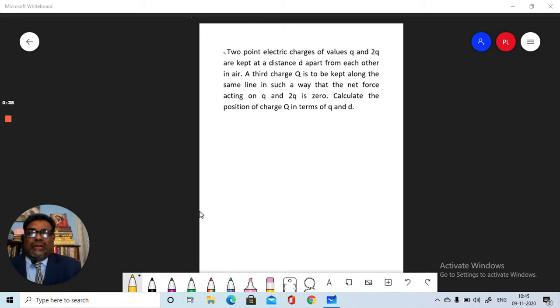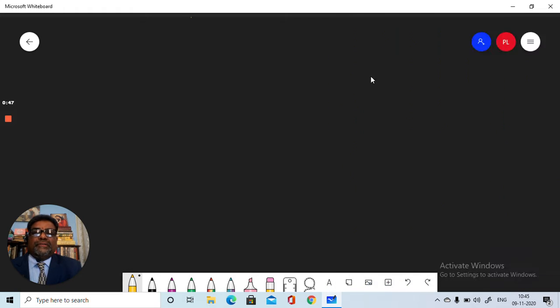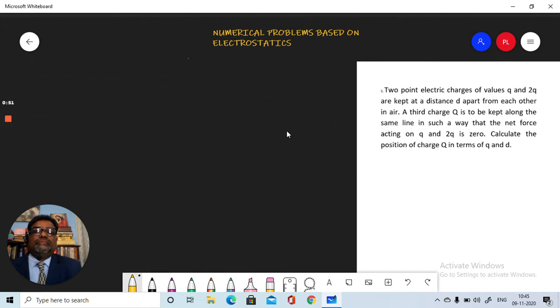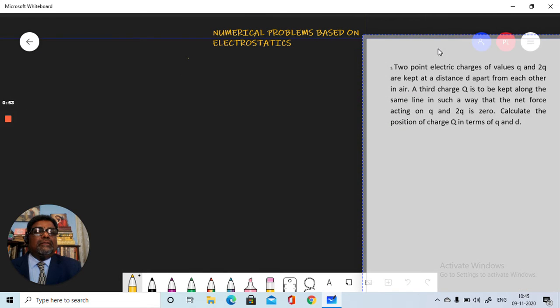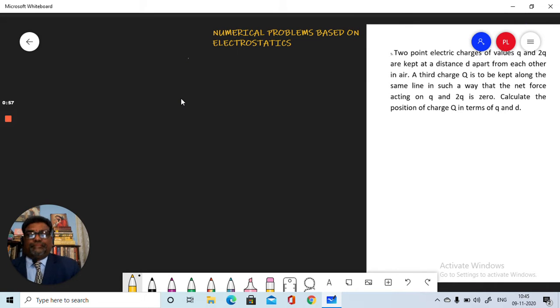So we will be doing a freehand diagram which we will draw first. When we draw a freehand diagram, it's two point electric charges of values q and 2q.